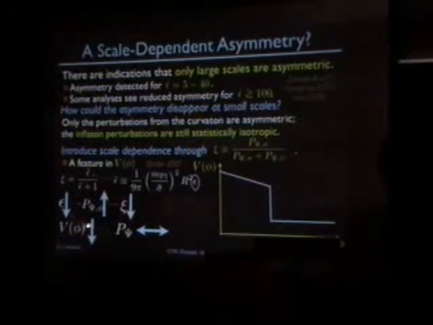Now, revving up the inflaton perturbations would lead to an increase in the power spectrum itself, but you can adjust for that by decreasing the potential of the inflaton at the same time, and that will keep the total power roughly constant. So we're talking about a feature that looks like this.